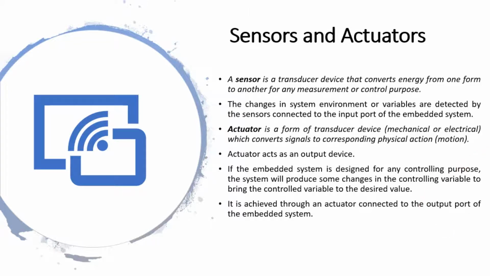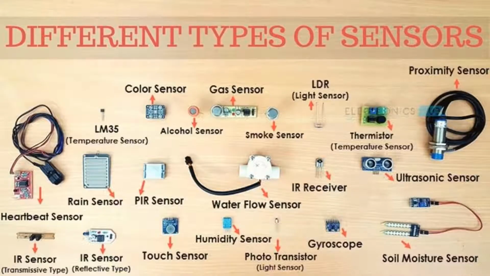To get a more feeling of it, it's better to know the available sensors. It is not restricted to this, even though you have a lot of sensors here. Most of the sensors will be common to you.